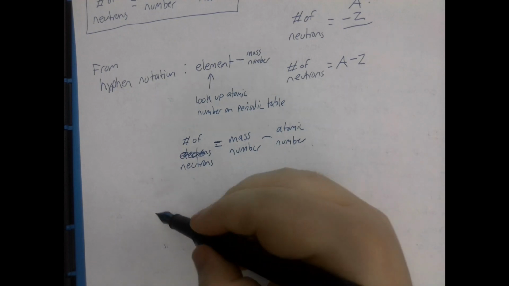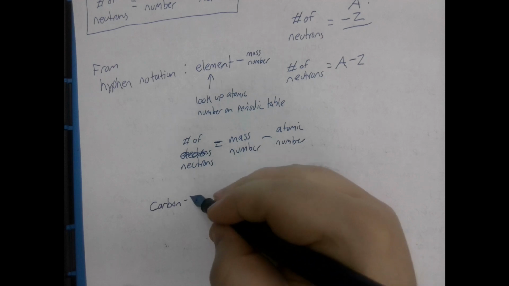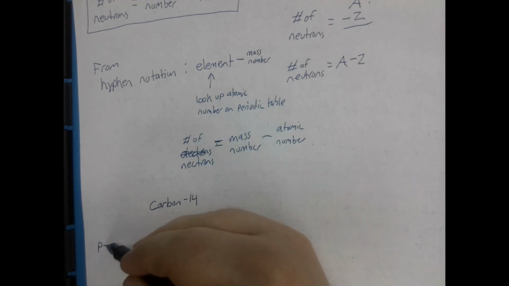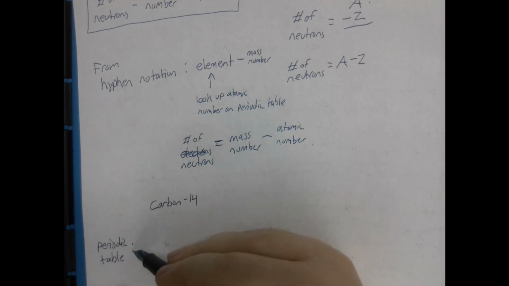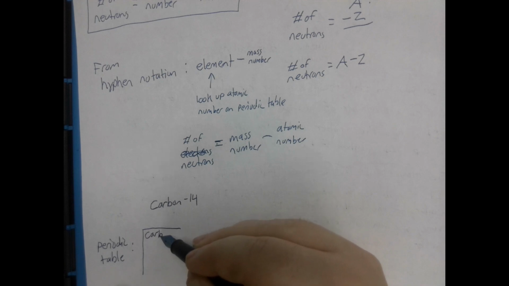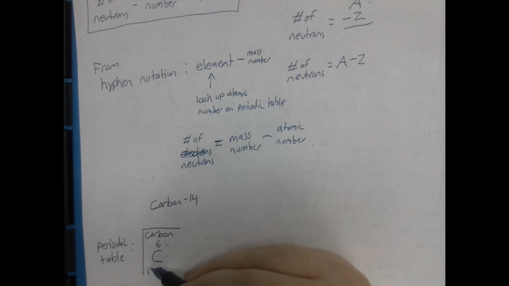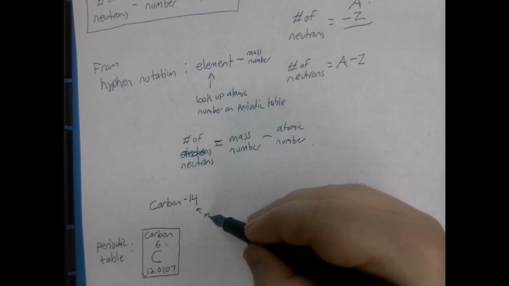So, for example, carbon-14. Looking up on the periodic table, this is the mass number.